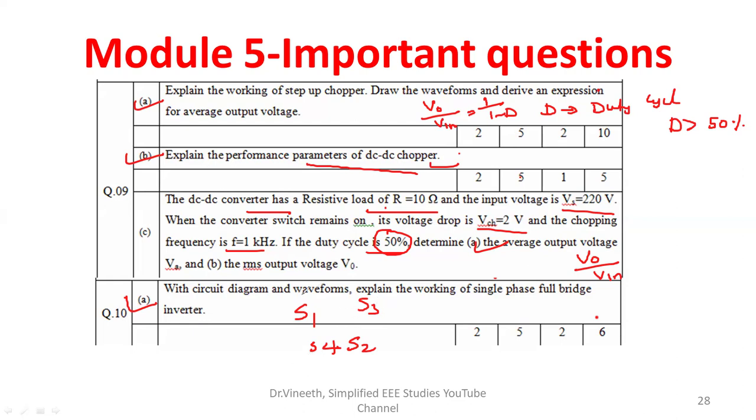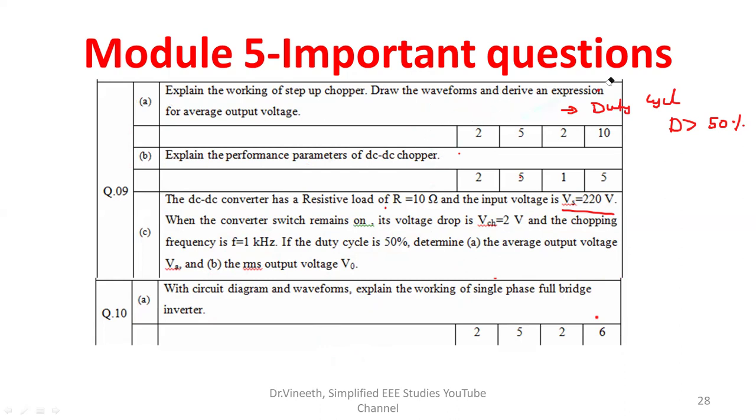At that instant, what you can explain is how the DC waveform is going to be converted into AC waveform. So you can explain with the help of PWM technique. Okay. So this is regarding the working of single phase full bridge inverter. Okay. So you are supposed to explain the switching operation mainly. And don't forget to draw the waveforms as well.